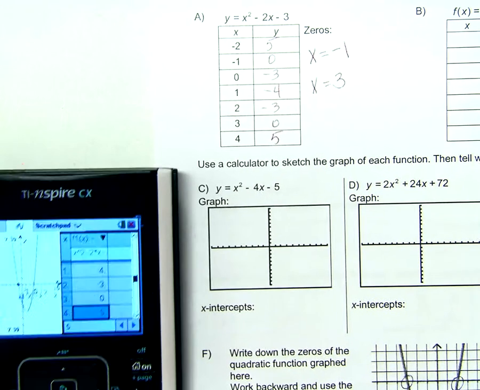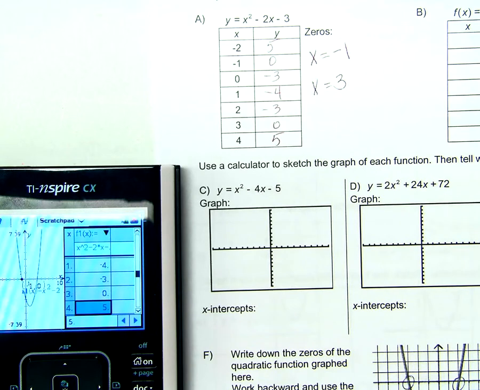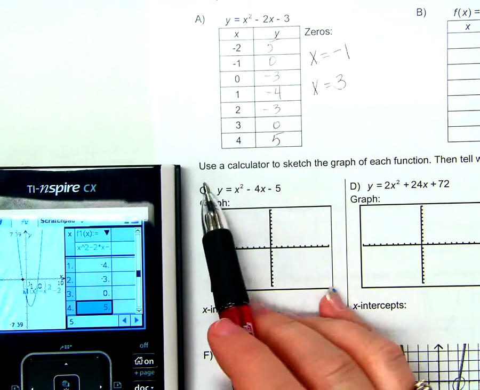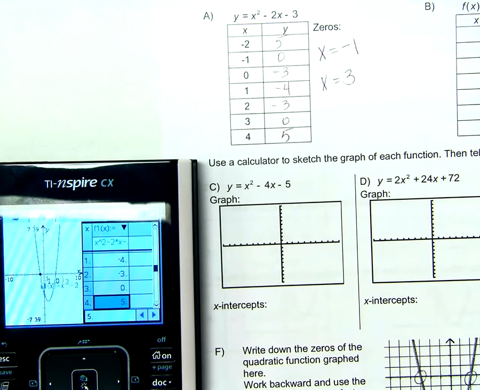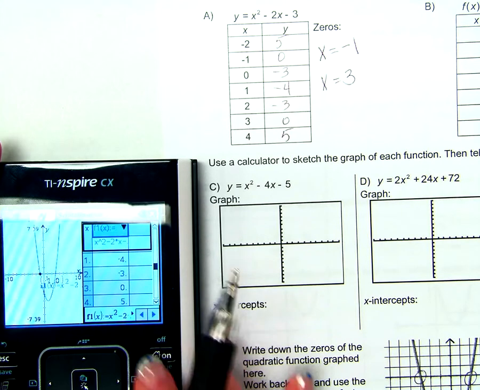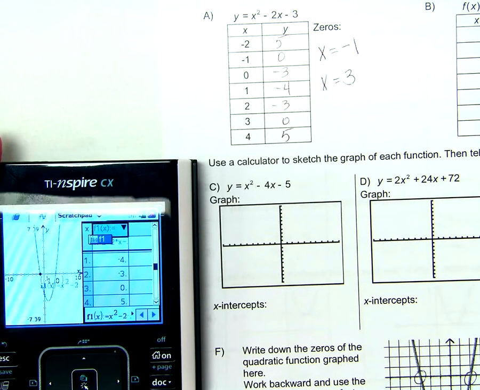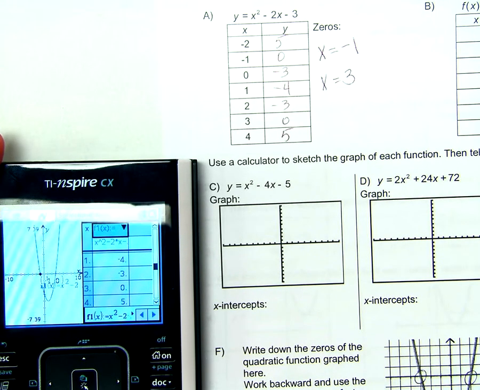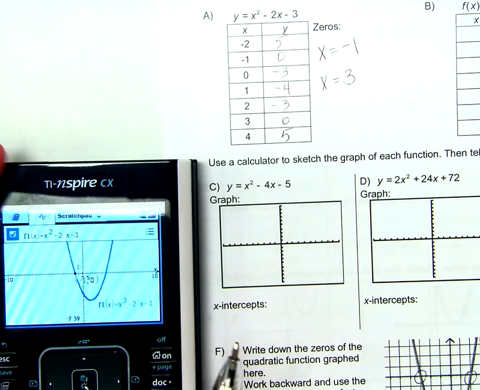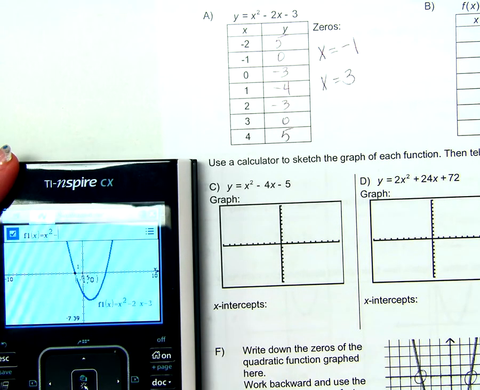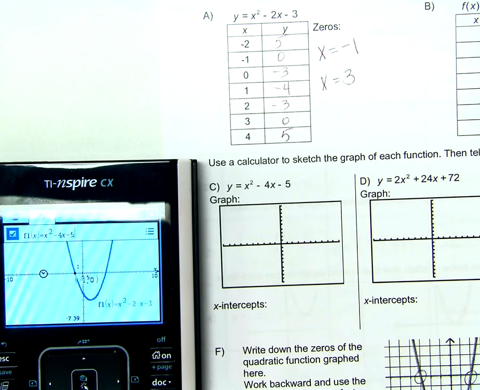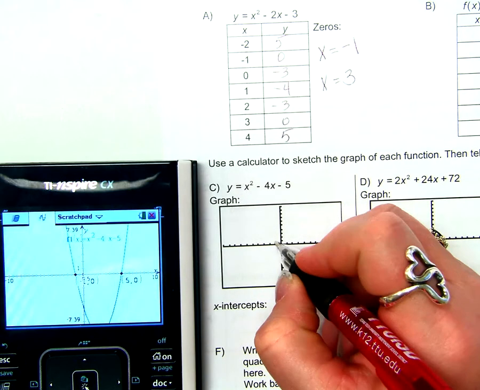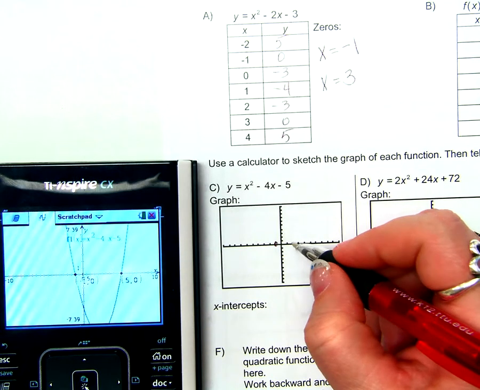Alright, then let's look at C. How do I do C? Well, use a calculator to sketch the graph. -1, and 5.